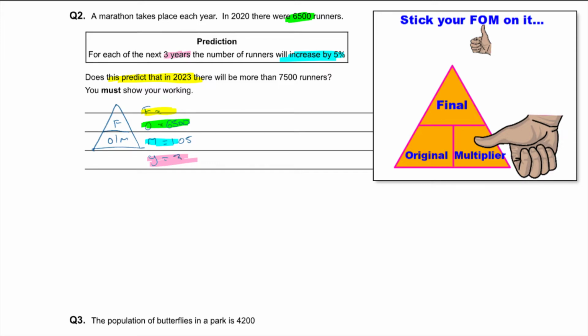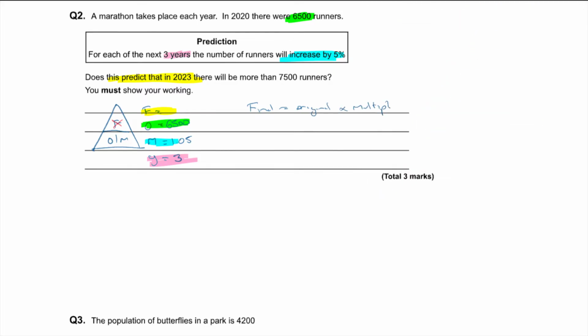Okay, so we've got all our values, and we know that final is original times multiplier. But when you've got repeated percentage change, you just raise that multiplier to the number of years. Okay, so subbing in what we know into that equation. Original is 6,500. The multiplier is 1.05, and the number of years is 3.